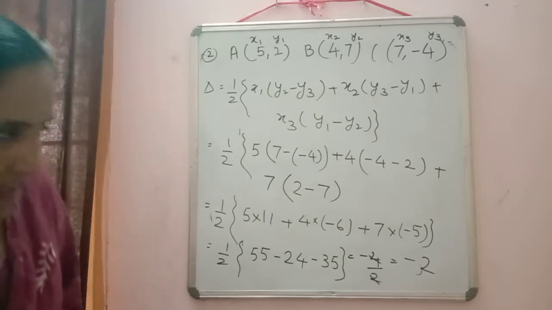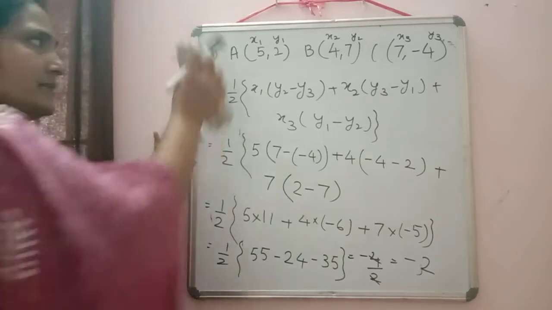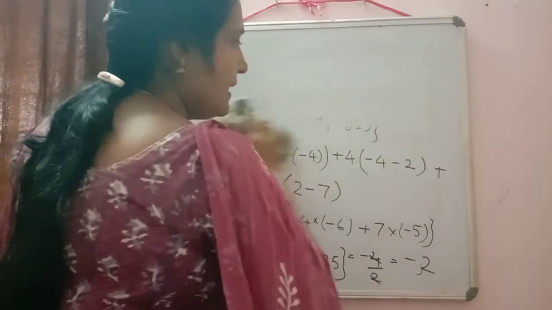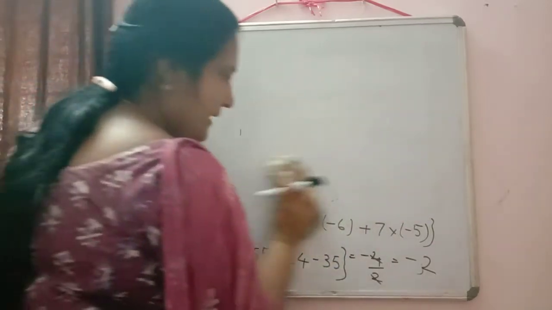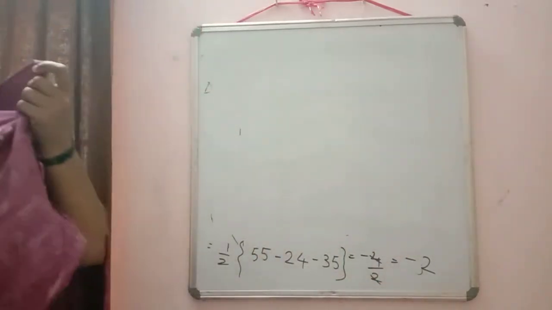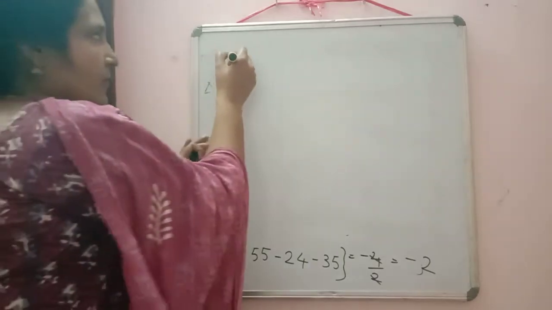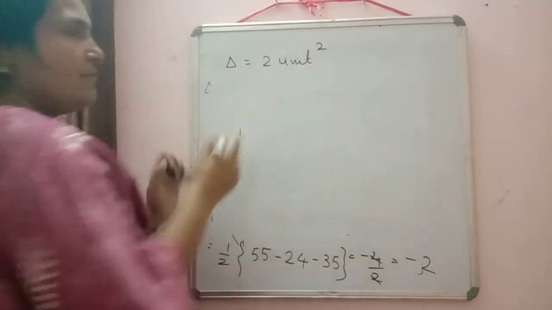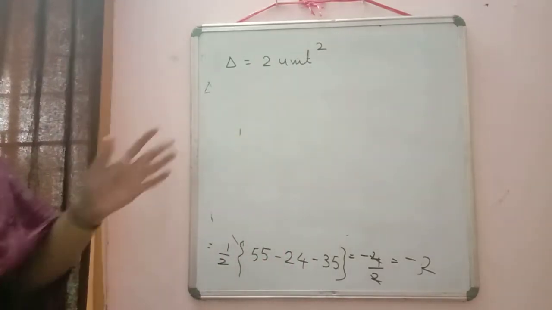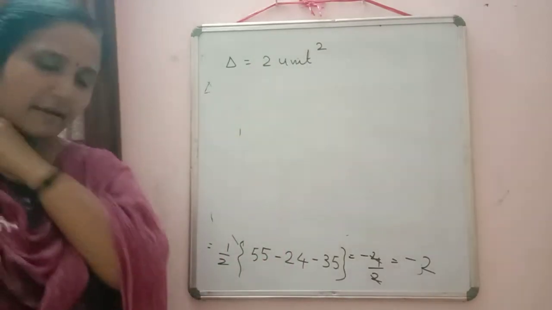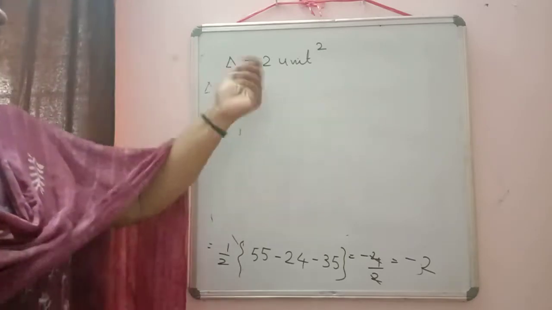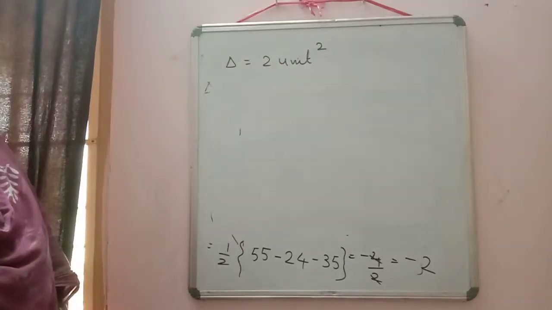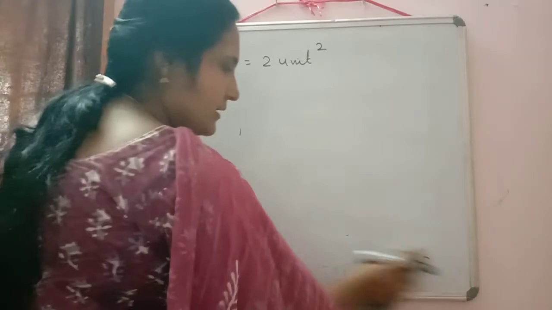After that, write down: since area will never be negative, therefore area is equal to 2 unit square. If you are getting a negative answer, just write that down there. Always write down the positive answer.